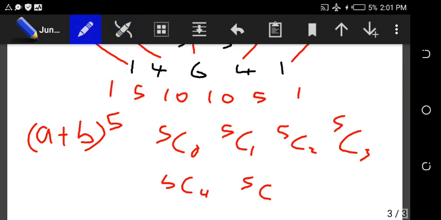So 5 combination 5 must also evaluate to 1 as you have it. So this would be a kind of check for you.